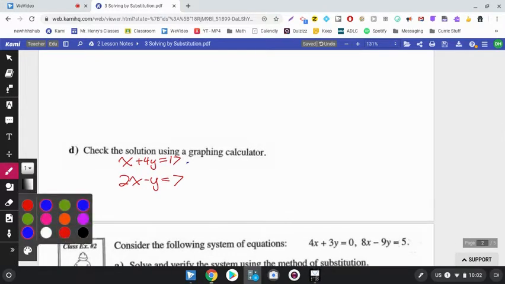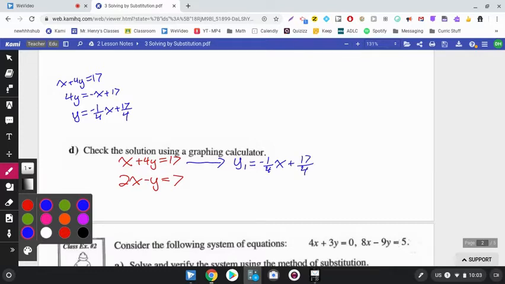So I'm going to do this. I'll show my work over here because I have space. x plus 4y equals 17. 4y equals negative x plus 17. y equals negative a quarter x plus 17 over 4. Okay. Y1 equals negative 1 quarter x plus 17 over 4. So that's a fast rearrange just because I don't really actually want to do this.